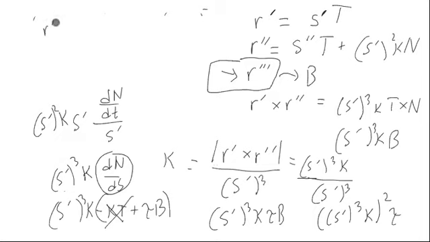We take r triple prime, we dot it with r prime cross r double prime, and then we divide it by the length of this, which, the length of b is just 1, so it's just s prime cubed kappa, or which maybe we'll rewrite that, because we're not going to compute that actually, right?